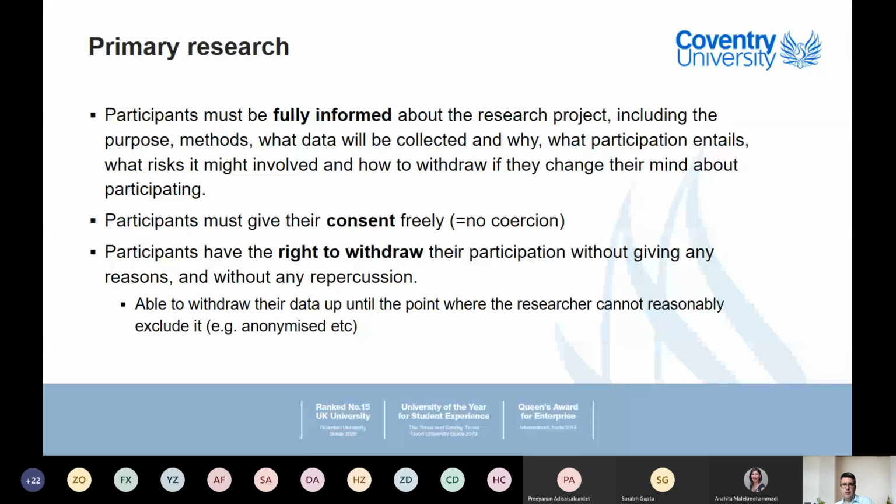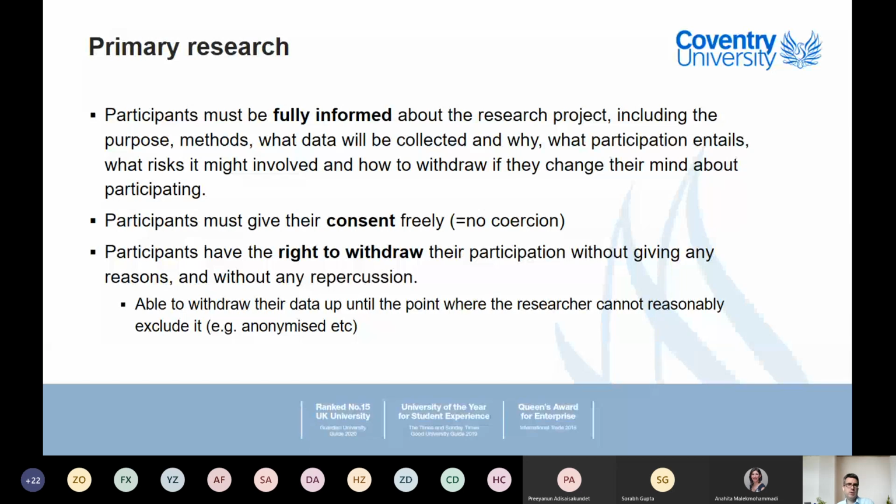So I've started touching on that, and here you have a clearer, I think, information of the key things we need to cover for primary research. So when you plan to collect primary data, you need to ensure that your participants are fully informed about the research project. Okay, and that covers a range of things from the objectives of your project, its purpose, your aim, what you are trying to achieve, through the kind of things you will ask them.